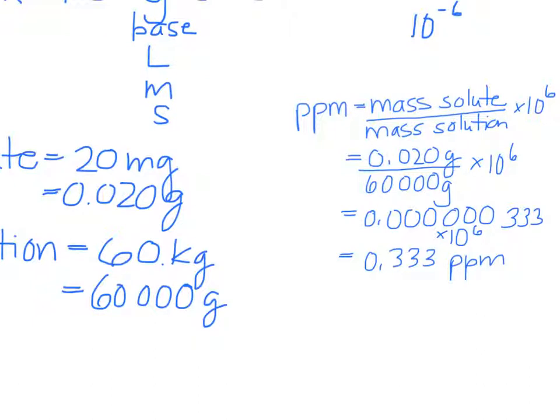Hey, could you go to parts per billion right from there? Yeah, we could do that. You would just have to multiply that by 1,000 to get there. It should be 333 parts per billion. But let's say we didn't have to find the parts per million first. We can show our steps for those who would appreciate that.